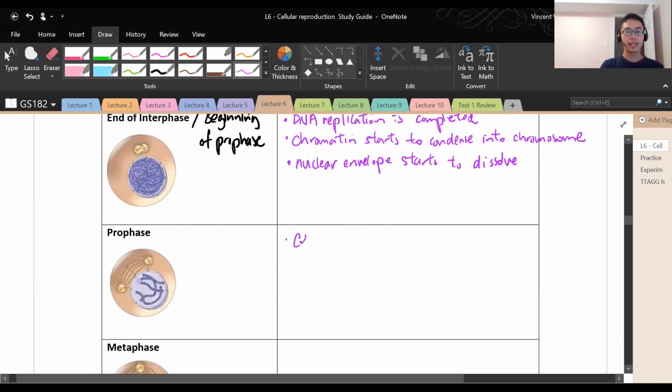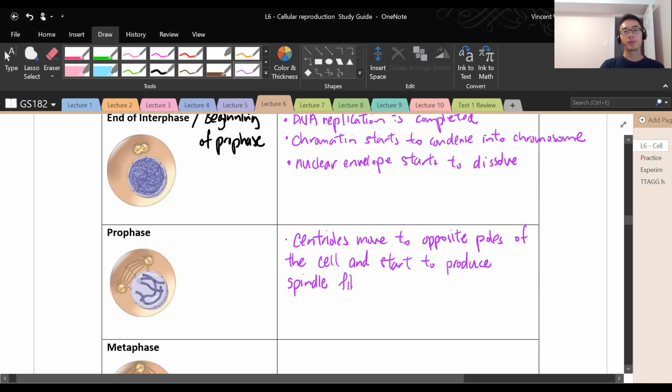And the centrioles move to opposite poles of the cell and start to produce spindle fibers. Spindle fibers are microtubules, right? That we talked about way back in lecture 1.